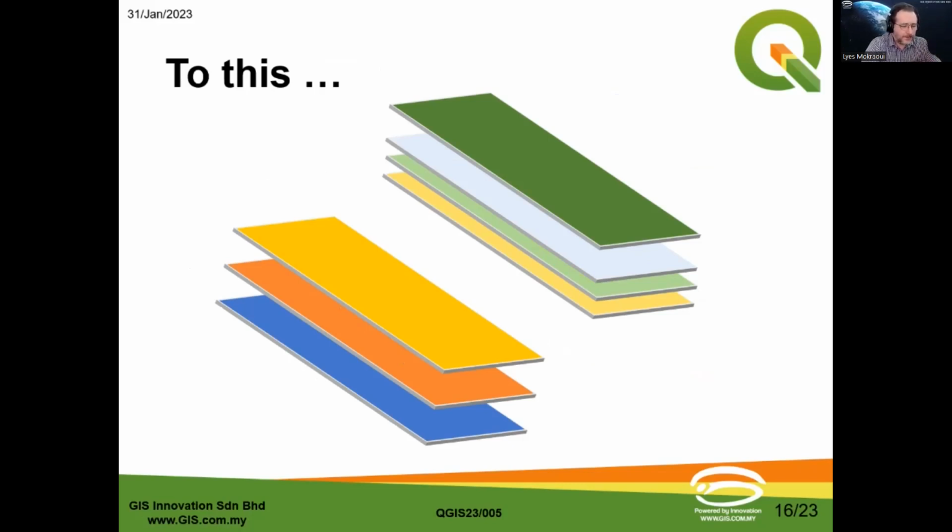So if your data has been created in QGIS24 and others in RSO or GTM2000 or Cassini, then you will be able to put them all together at the right place. We call that reprojecting on the fly. We have seen that in the previous webinar.